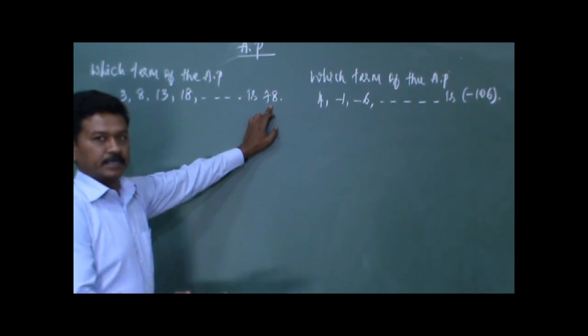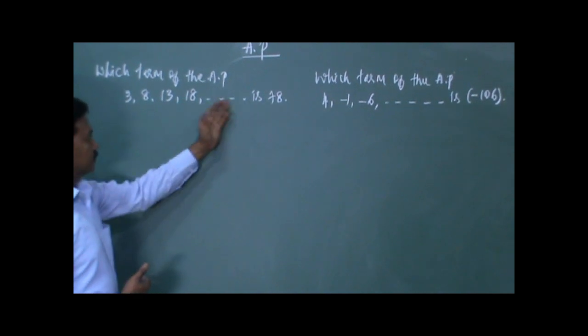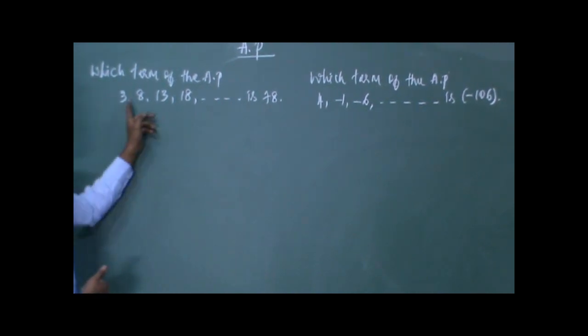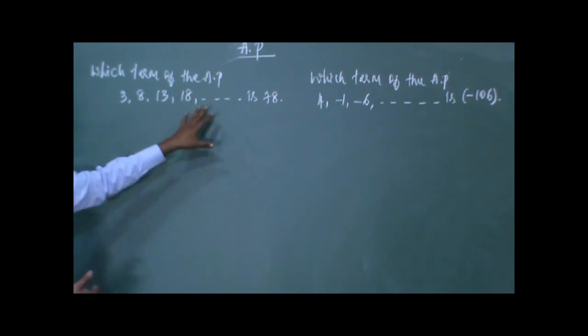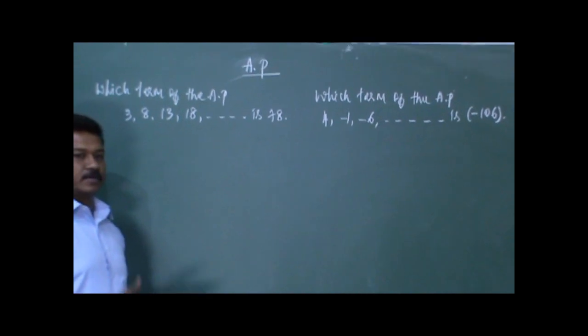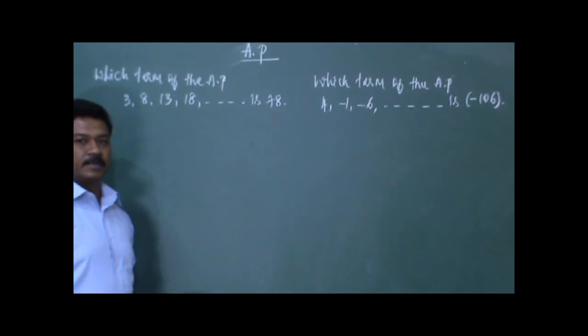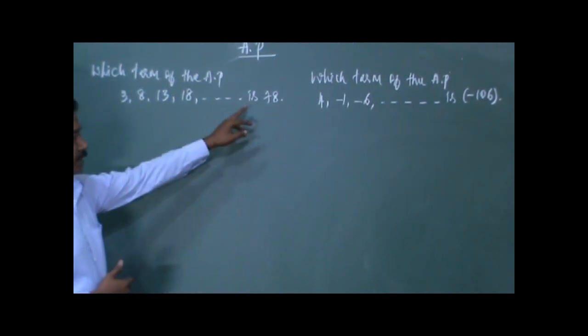We don't know which term it is. Somewhere in that AP, after the 4th term, 78 comes. So we have to find out whether it is the 15th term, or the 12th term, or the 20th term, something like that. We have to find out the term number of 78.